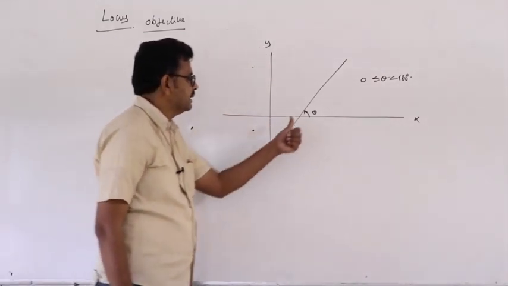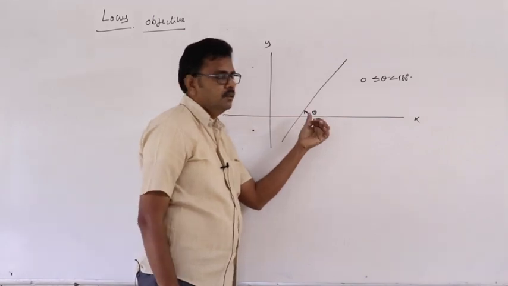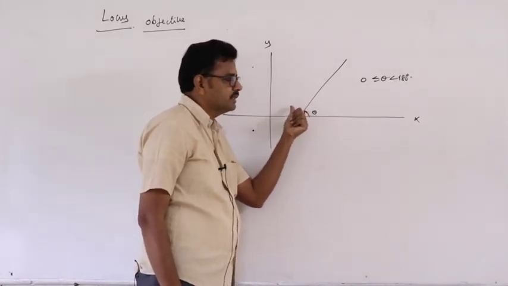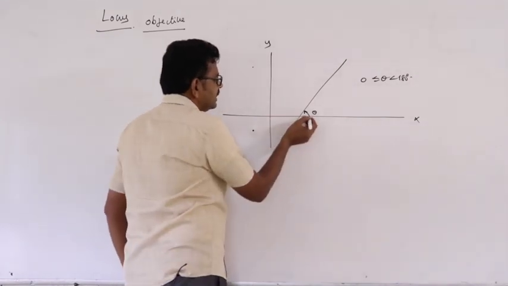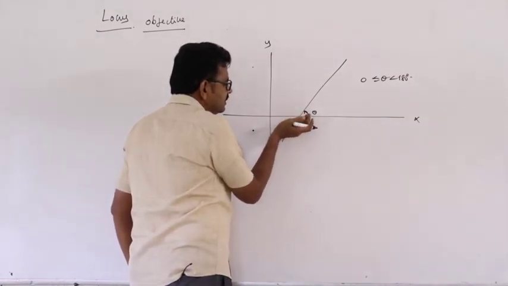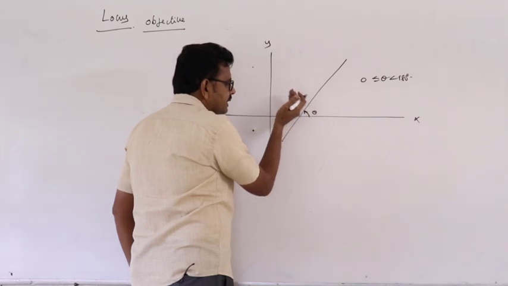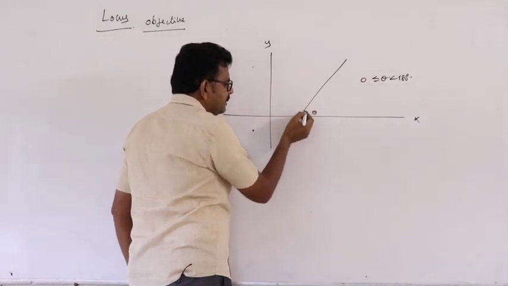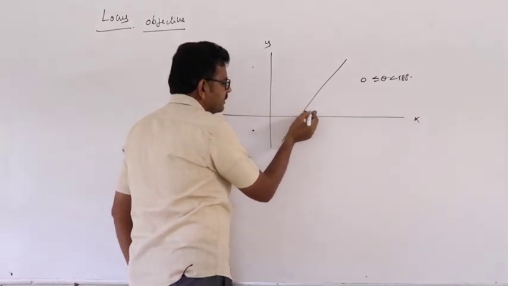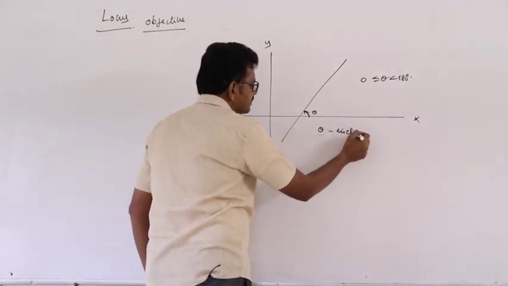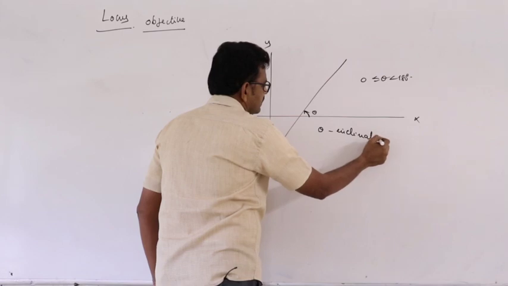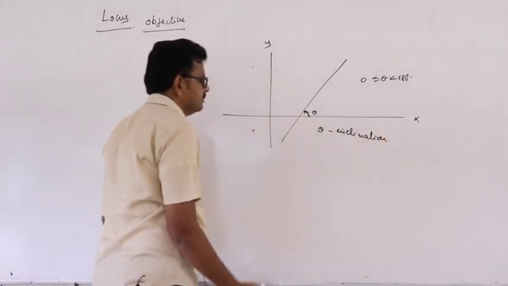The line makes an angle theta with the positive direction of x axis in anti-clockwise direction. This is the angle theta. Then theta is called inclination.